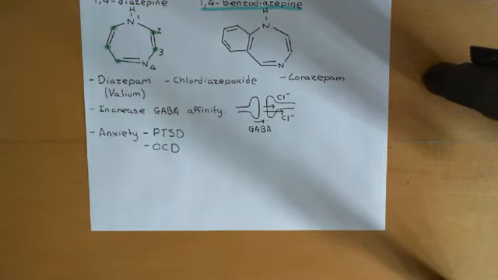For instance, some people obsess over their front door being locked. Even if they know that they have locked the front door, they will have obsessions about whether it is locked. A compulsion is a sort of involuntary behavior, and the compulsion is then to go and check that the front door is locked.